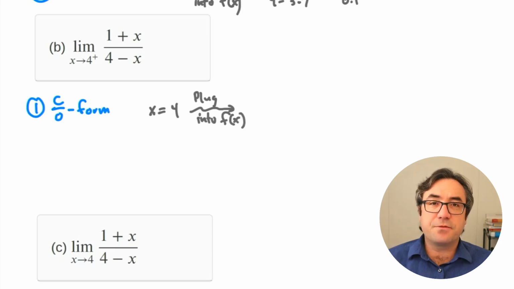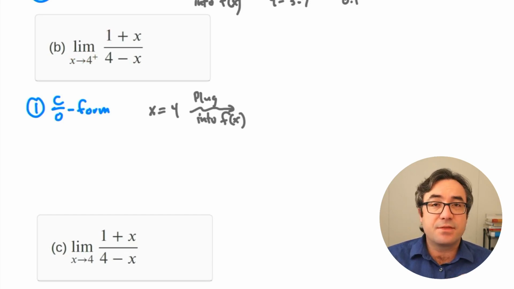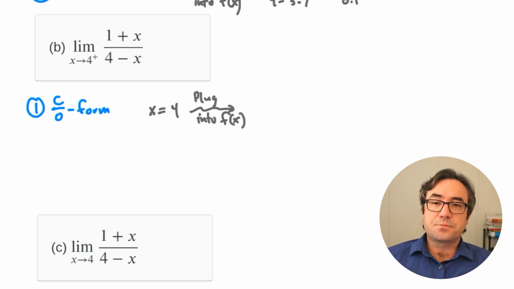This is usually our first strategy on calculating a limit. So when we go to calculate a limit, we identify the number x is approaching, so 4, and we just try plugging it in. If we get a number that makes sense, then we're done. That's our limit by continuity. But if we don't get a number that makes sense, well, then we're doing a little bit more work now.